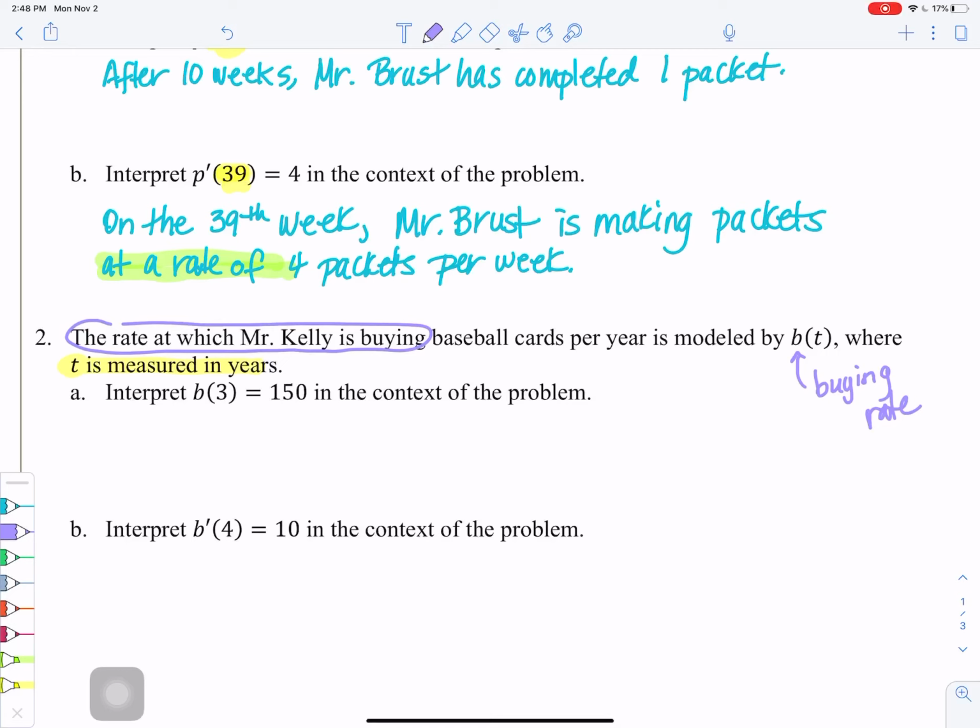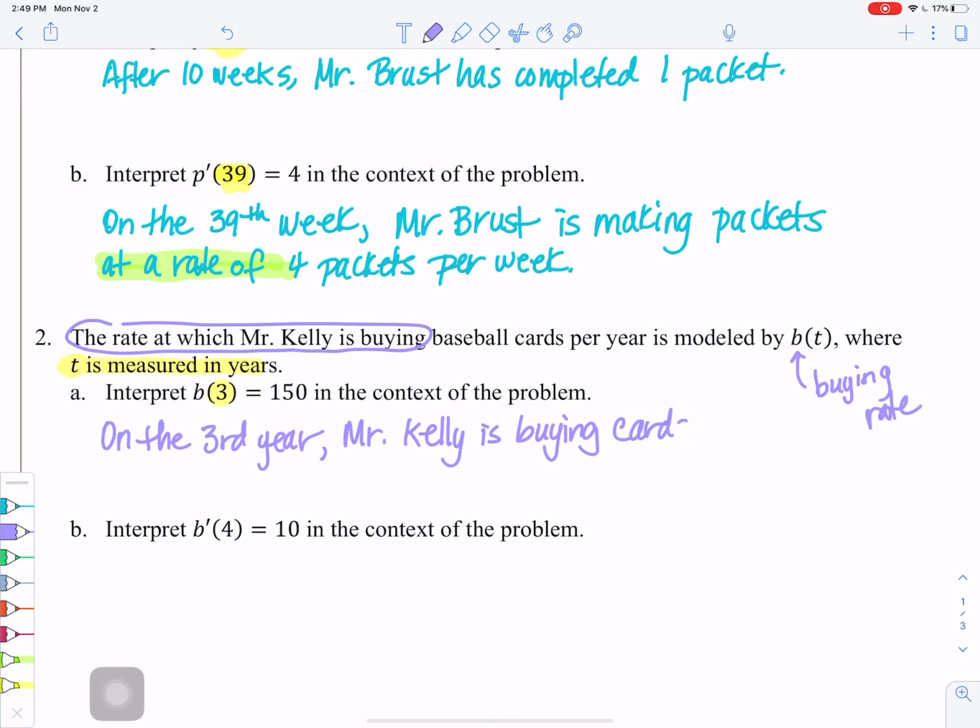So B of 3 equals 150 means on the third year, and again, this is years, Mr. Kelly is buying cards at a rate of 150 cards per year.